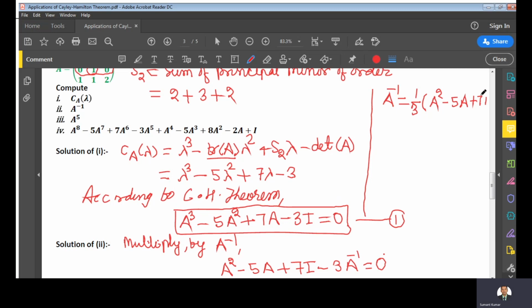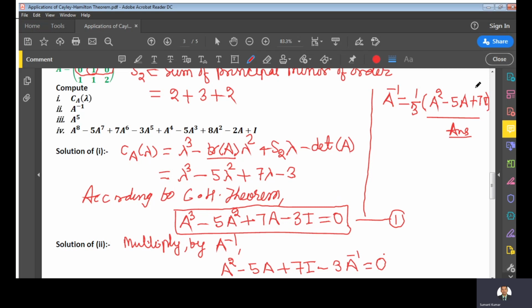This expression gives you the inverse of the matrix. This is the way to find the inverse, a very easy and very convenient way to find the inverse of the matrix.